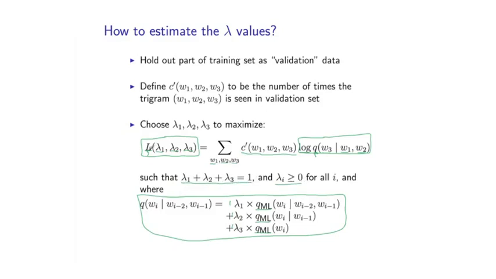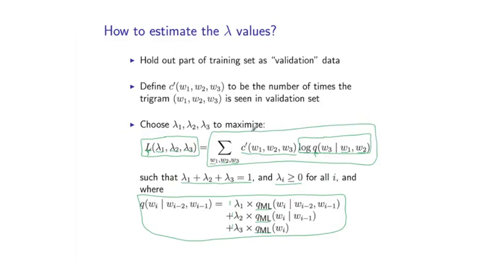So again, you can interpret L as a measure of how well the particular values for lambda 1, lambda 2, lambda 3 fit the validation data. And in fact, it's a fairly easy exercise to show that if you maximize this function with respect to the lambdas, you also minimize the perplexity of the model on the validation data.